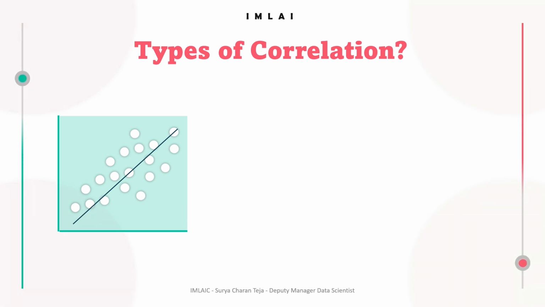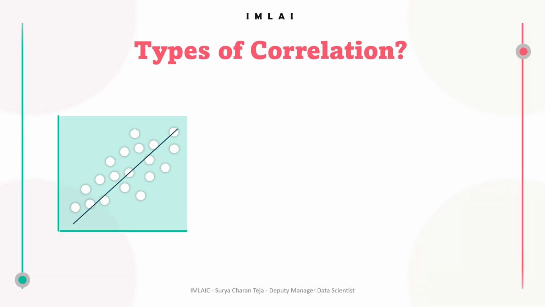If x goes up, y also goes up. If x goes down, y also goes down. So y is positively correlated with x. That's the reason we call it a positive correlation.